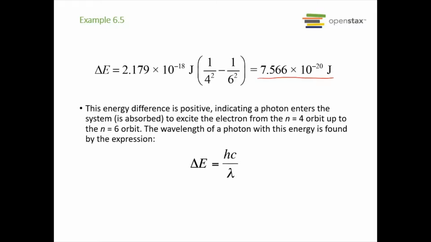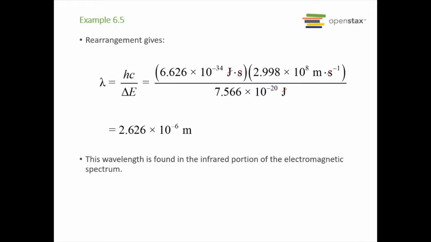If it was negative, then that photon is being given off. So we know that that delta E is also equal to hc over lambda. So we can go ahead and plug in for hc, and we can solve for lambda. We have delta E as well.